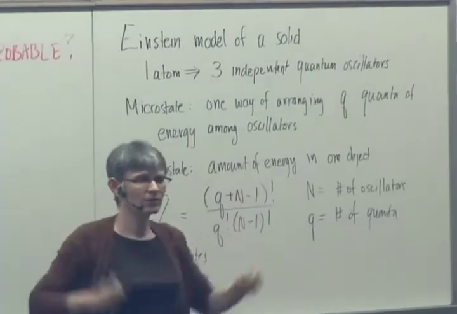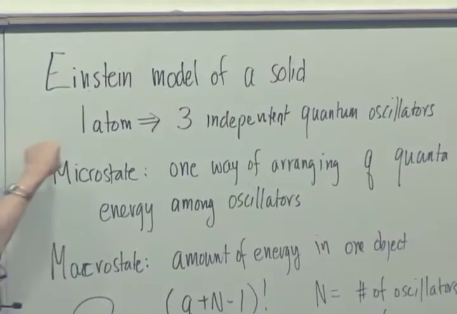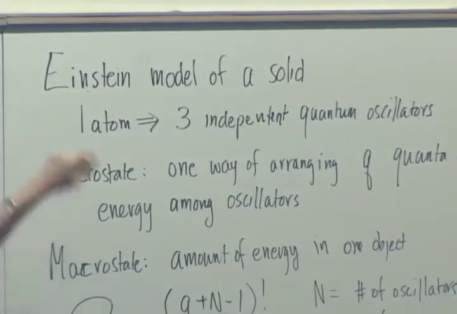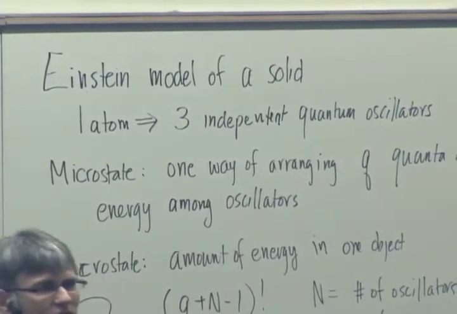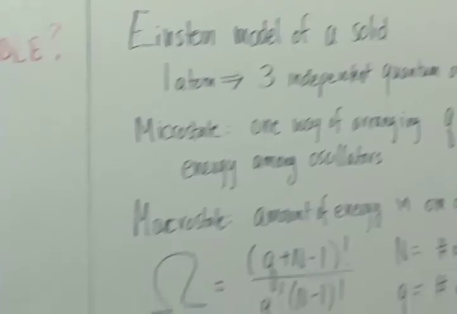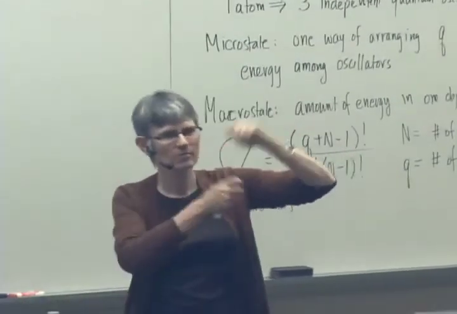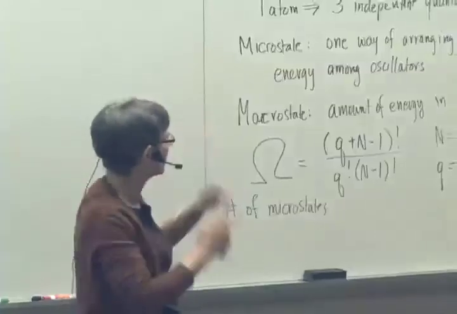It's the ball spring model of a solid that we've been talking about for a long time, but we've added the additional assumption introduced by Albert Einstein, that we could think of one atom in this ball spring lattice as mathematically being equivalent to three independent masses on springs, oscillators, one moving in the x direction, one y, one z.